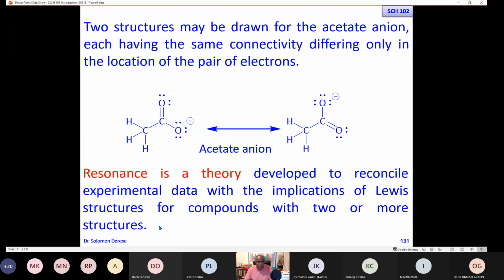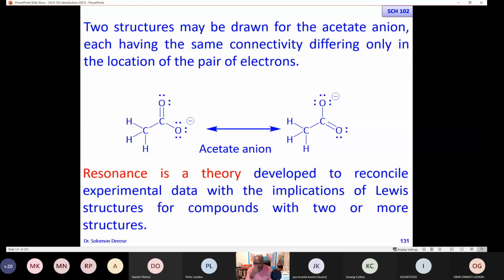So that compounds that have two or more structures, their property cannot be adequately represented by any of these single structures. As a result, there is a theory that's developed. This theory is called resonance.